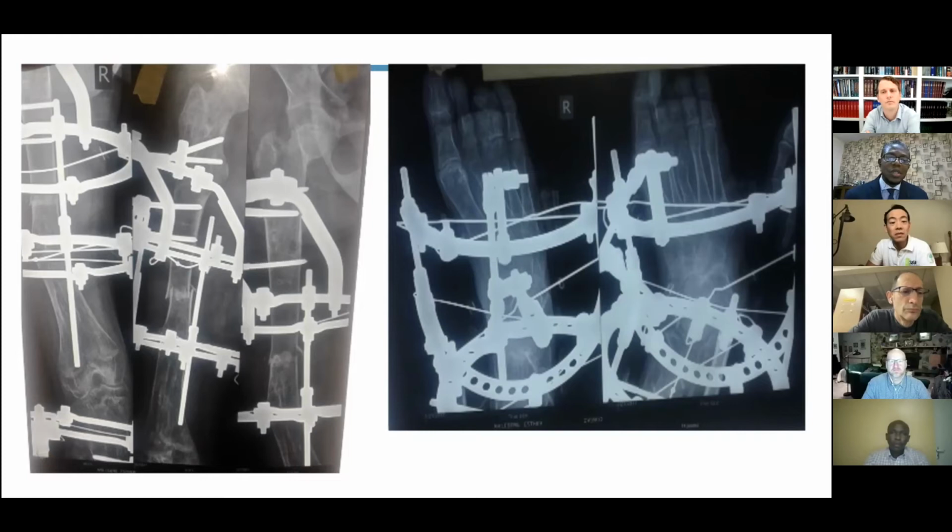I just wanted virgin bone where I was sure at least I could get a good regenerate. So that was why the osteotomy wasn't done at the CORA at that time. Though, of course, if I was to do this case again, I'd probably plan it at the CORA and do a deformity correction as well as a lengthening at the same time. So next slide.